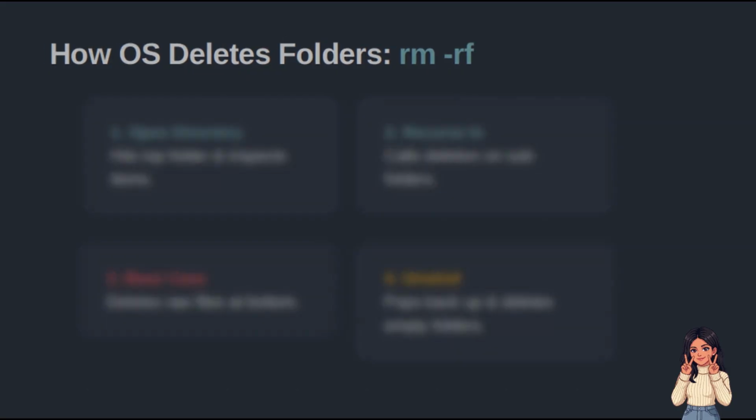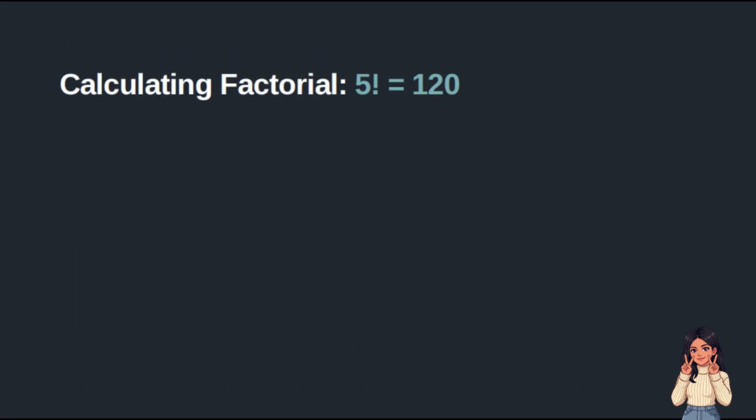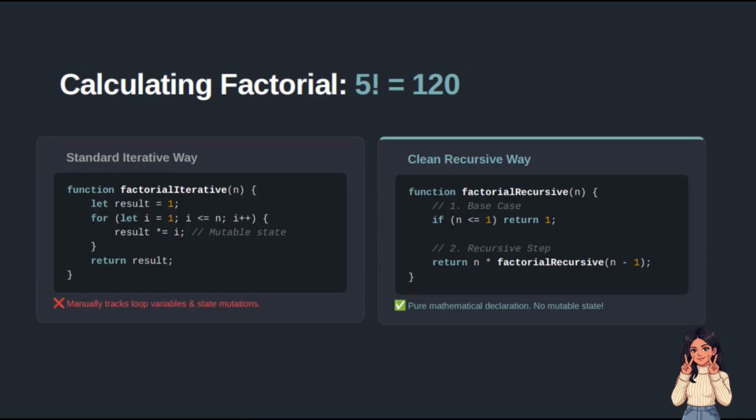To really see how recursion changes the way we write the code, let us look at a quick example of calculating the factorial of a number. Now, if you remember from maths class, the factorial of 5, written as 5 exclamation mark, is just 5 times 4 times 3 times 2 times 1, which is 120.